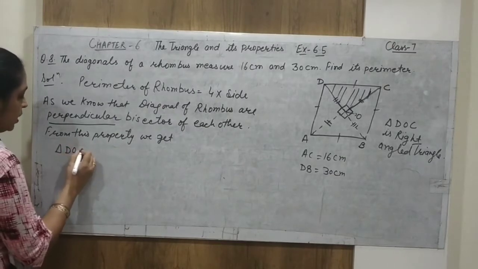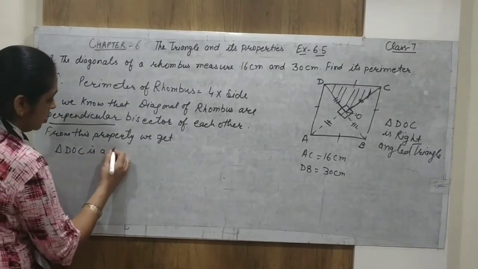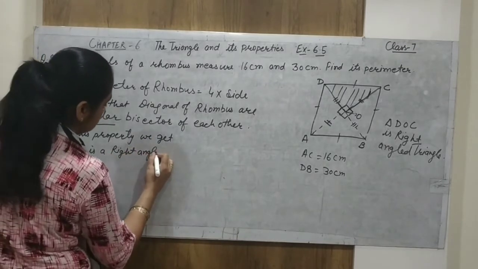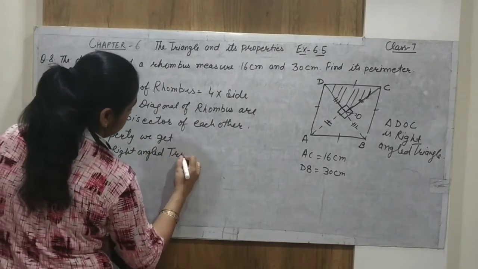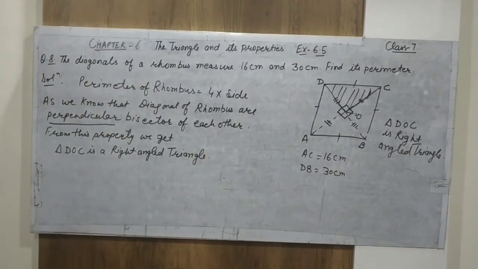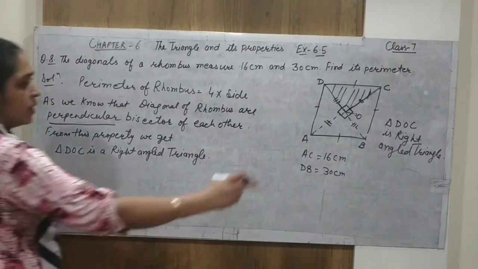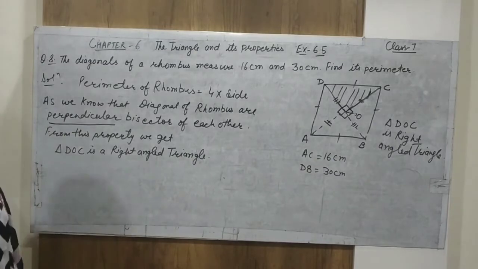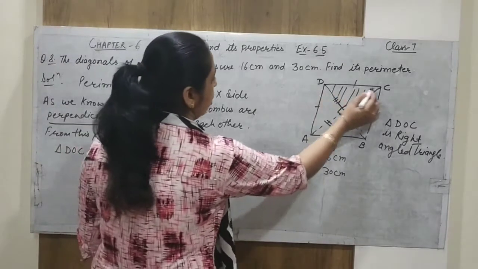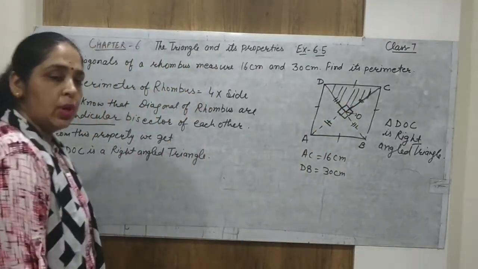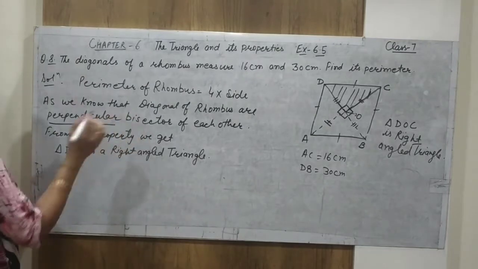That is, triangle DOC is a right angled triangle. We are talking about only one triangle, in which now we require the side. This is the side of the rhombus. For this, at least these two sides must be known to us. Now, using the bisector property.